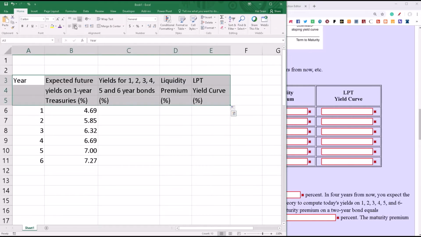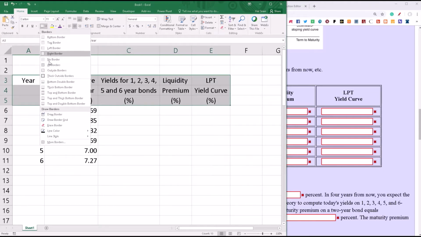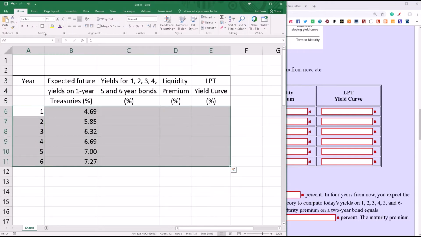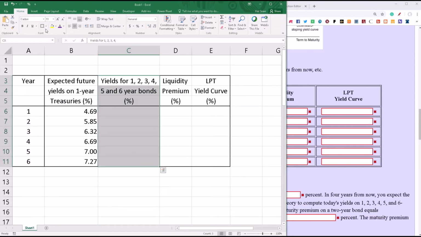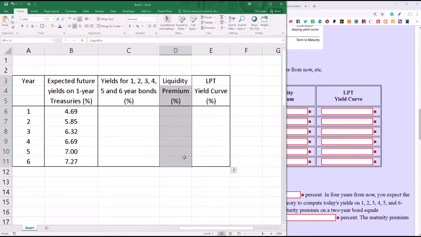Just cleaning it up. We could put a border around that, and then put borders around this. Okay, it looks nice and clean now.